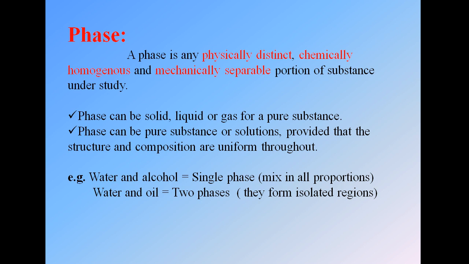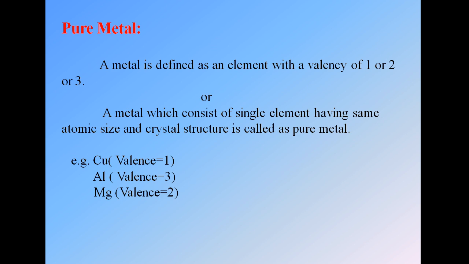They cannot mix with each other, so they form two phases of the same liquid medium. Are you getting it or not? After mixing water and alcohol we get a single phase, after mixing water and oil we get two separate phases of the same medium. So a phase is nothing but a physically distinct, chemically homogeneous, mechanically separable portion of a material. Next we have the second definition, that is pure metal.